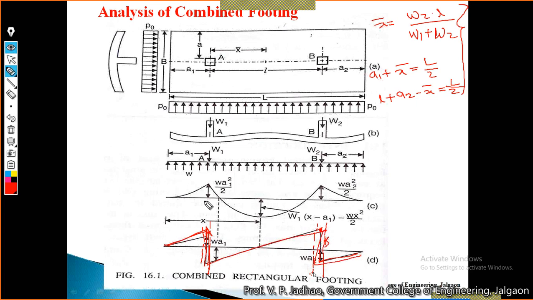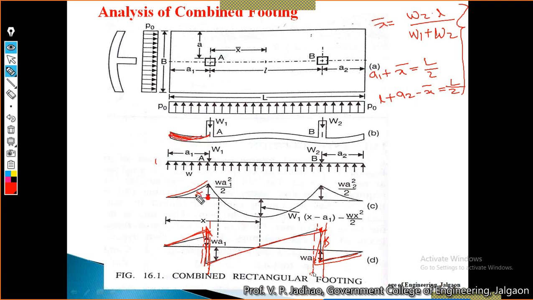For the bending moment diagram, we will be taking bending moment at this column A. So we will get some bending moment like this. This will be positive bending moment, because this is a sagging portion.